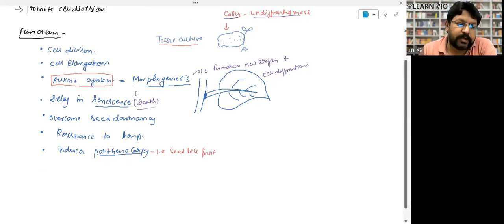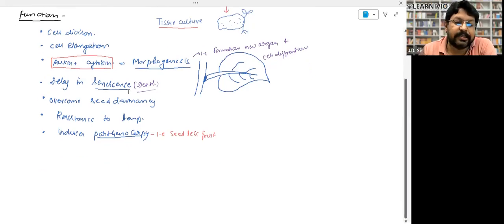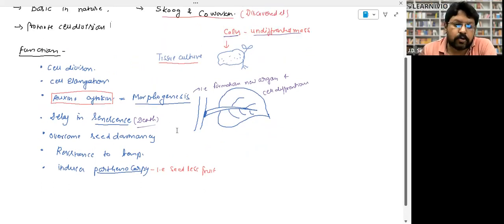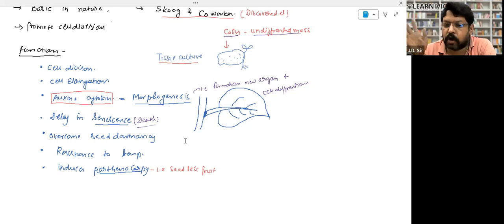Next, it delays senescence. Senescence is the death of organs. Suppose some plants have leaves or fruits that do not stay for a longer period on the tree.